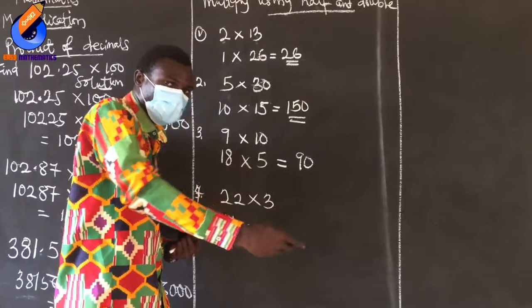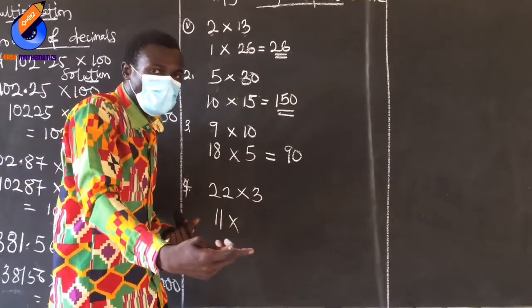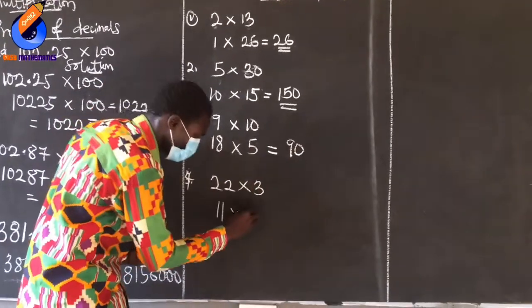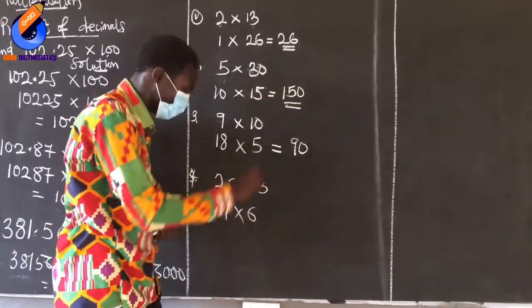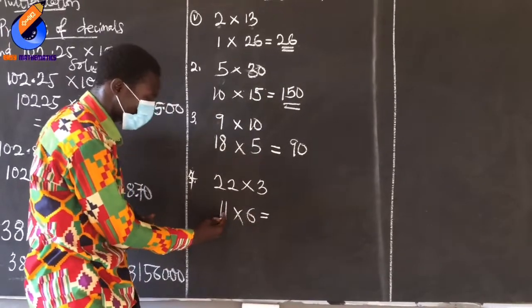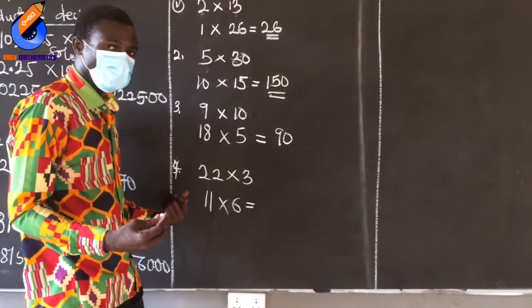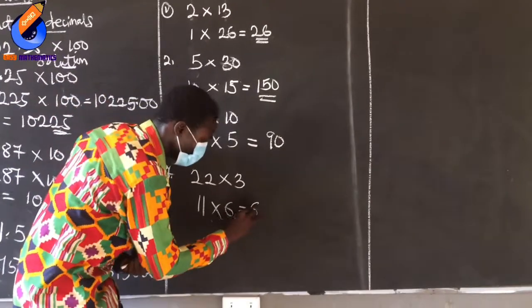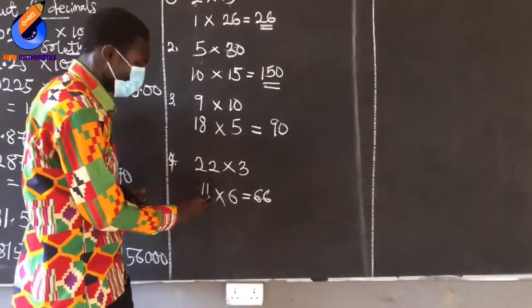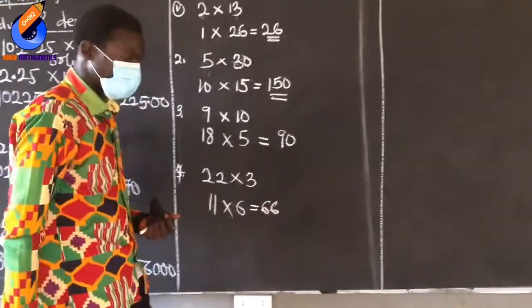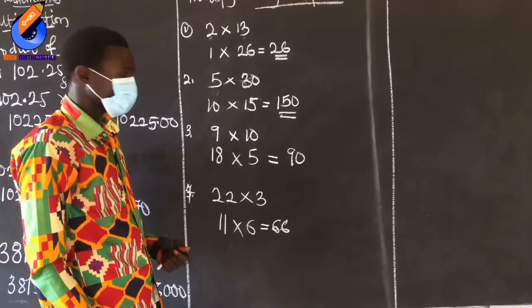So double of 3 means 3 multiplied by 2, which gives me 6. Then I'll multiply 11 times 6. You recite your 11 times table, 11 times 6 will give you 66. So if you have to use the half and double method, we are going to get 66 for this one.